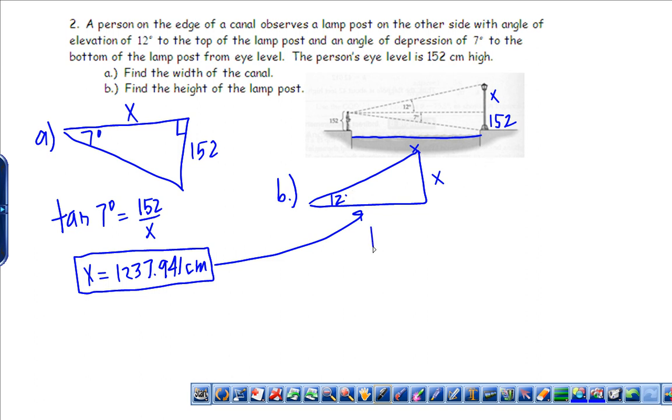I like to use tangent because it's easy. So I'm going to say tangent of my 12 degrees is opposite, which is my x value, over the one that I just found, which is this 1,237.941, which is already in my calculator. Remember, you don't round until the very, very end. So this is my stored value in my calculator.